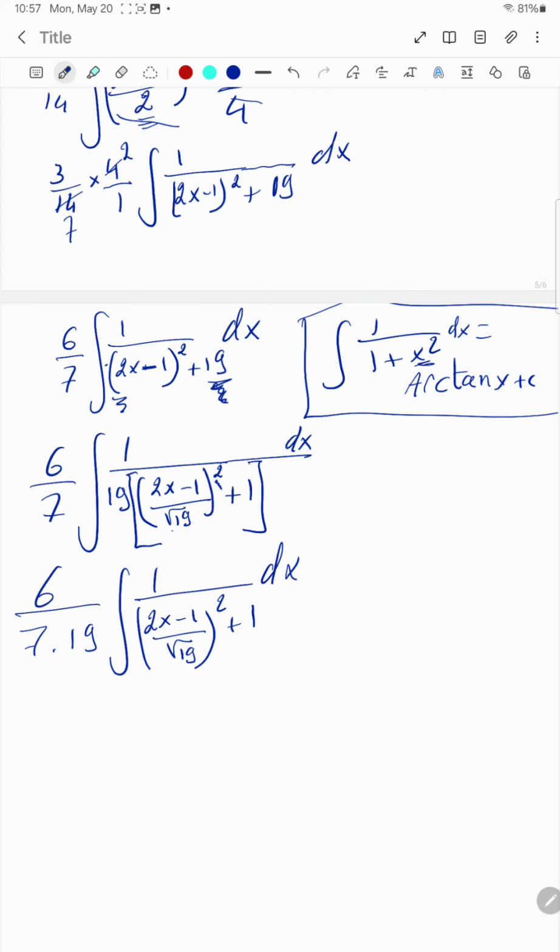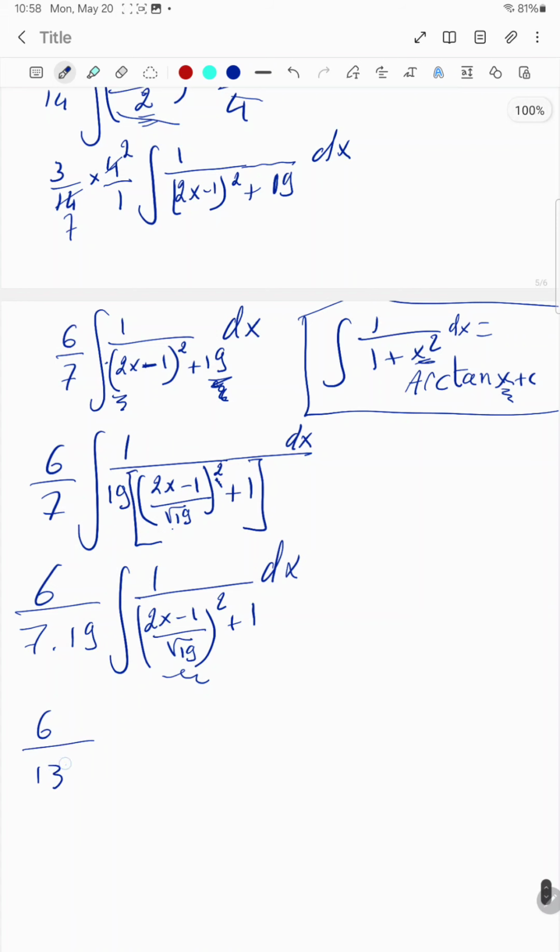It resembles this, where my x is equal to (2x minus 1) divided by square root of 19. So now let's see 7 times 19, how much it's going to give me. 7 times 19, 133. So it becomes 6 divided by 133, and this becomes arc tan of (2x minus 1) divided by square root of 19 plus C3.